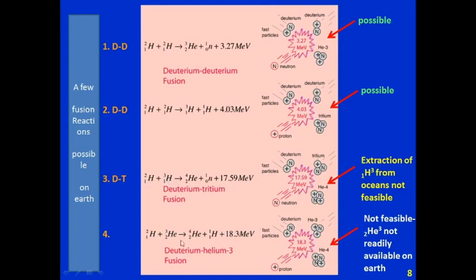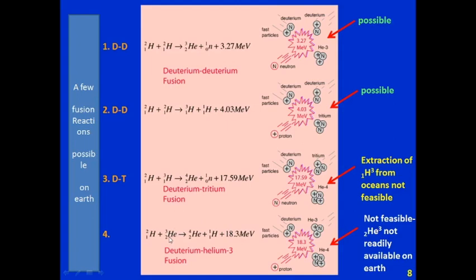This one also has 5 masses, 3 plus 2, but this produces 17.59 and this produces 18.3. So using 5 masses, both produce energy, but this produces more. So deuterium helium-3 is the most energy efficient, but the problem is that helium-3 is not available on the surface of the Earth.